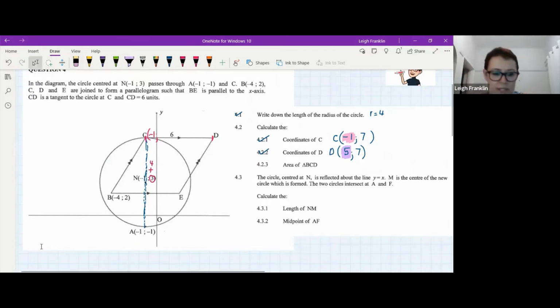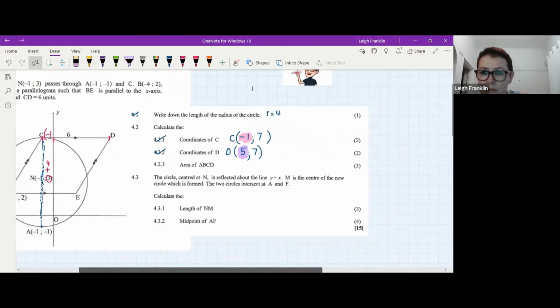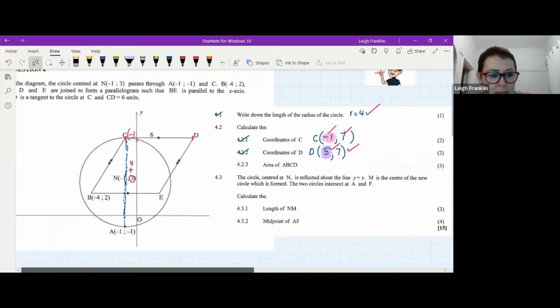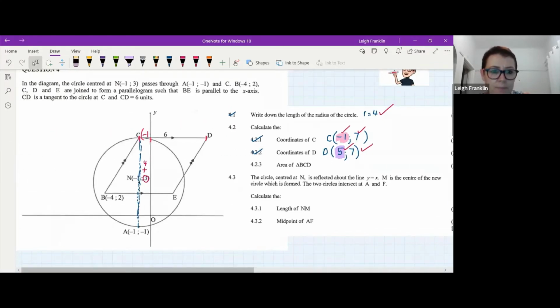Now they want us to calculate the area of triangle BCD. As far as marks are concerned, sorry, I'm jumping around: 1 mark for that, 1 on the x, 1 on the y, 1 on the x, 1 on the y. That's how they would mark it. Now, the area of triangle BCD.